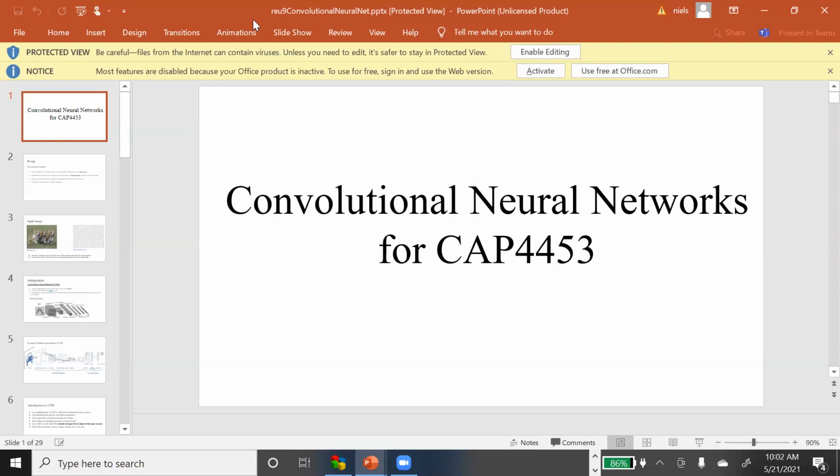Okay, so can you see my screen right now? I'm doing screen share. Can you see a set of slides that says convolutional neural network?